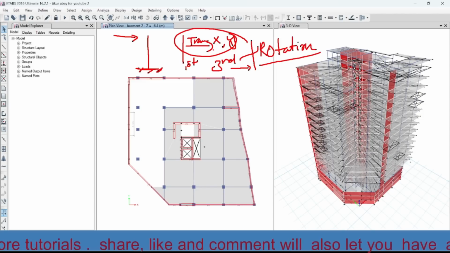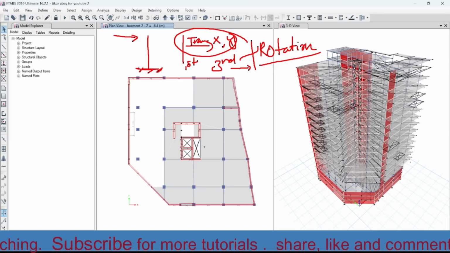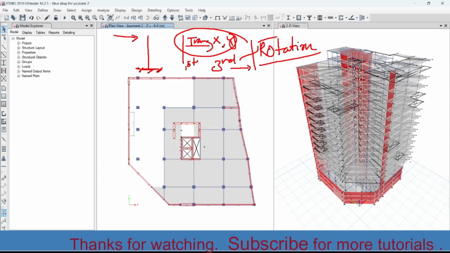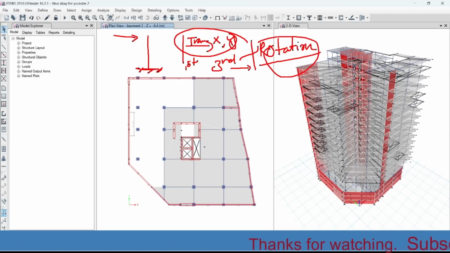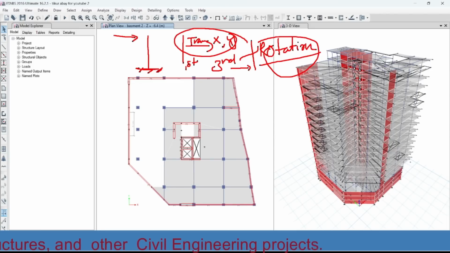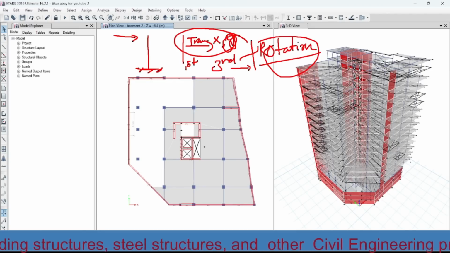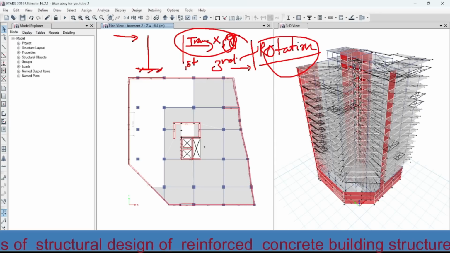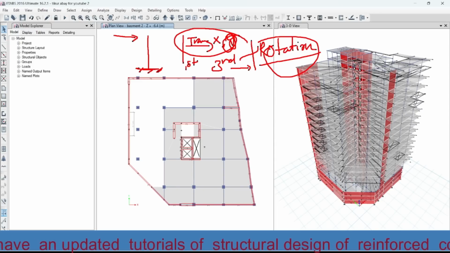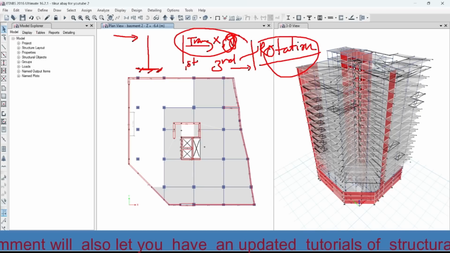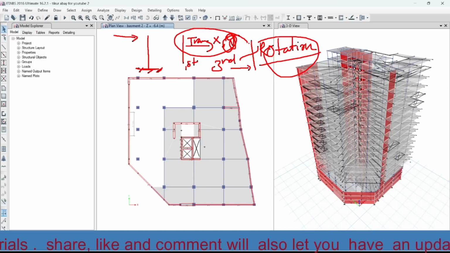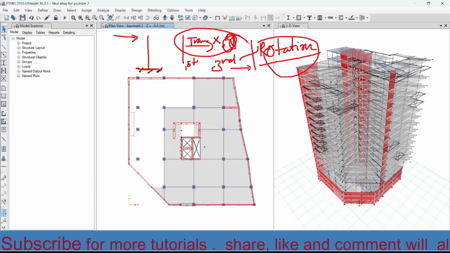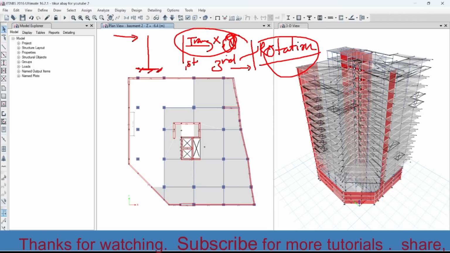So we need to check these requirements. If the first mode is rotation, our model is not correct. If the first mode is translation and the second mode is translation, our model is perfect. So we need to take into account the behavior of the modes, that means, is it translation or is it rotation?